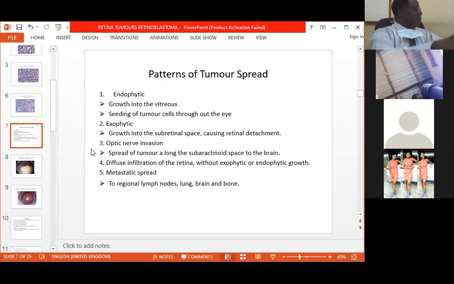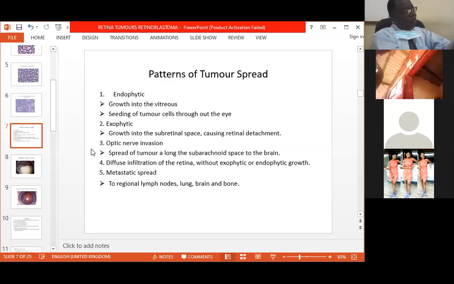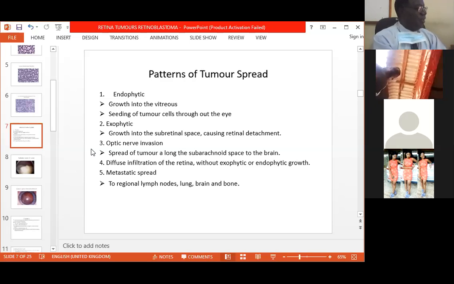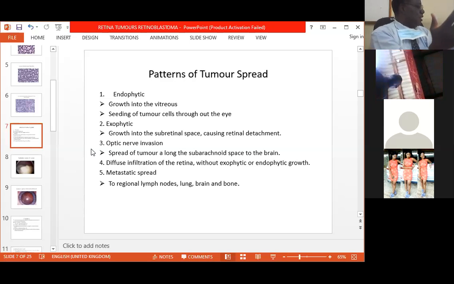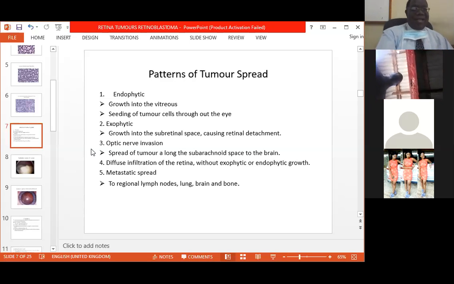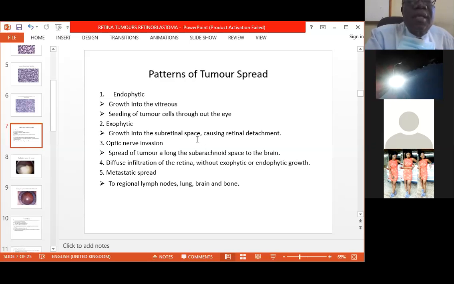You've got a layer of retina that can grow inside into the vitreous, or below the retina into the subretinal space. Once it goes into the subretinal space, because of the mass which grows there, the retina gets detached. This is what is called retinal detachment. As a major complication, growth into the subretinal space causes retinal detachment.